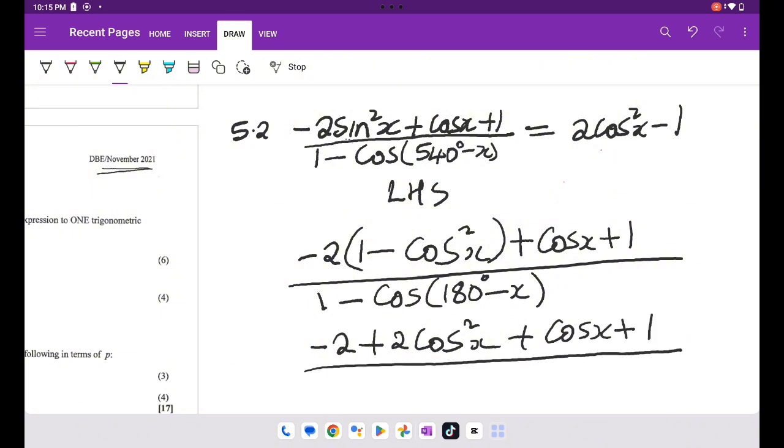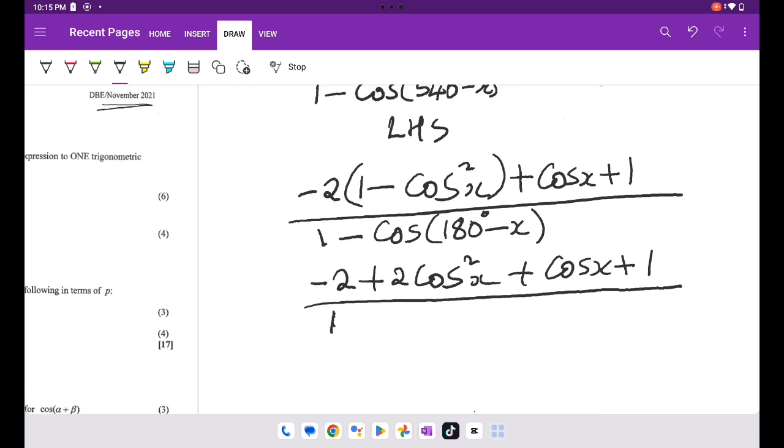Now for this one, we ask those 3 questions. So it's 1 minus, now 180 minus is quadrant number 2, and cos in quadrant number 2 is negative, so it's negative. Then we have the cos of that angle, which is x. Now we want to put this upper part in standard form.